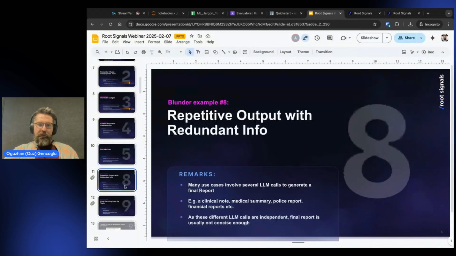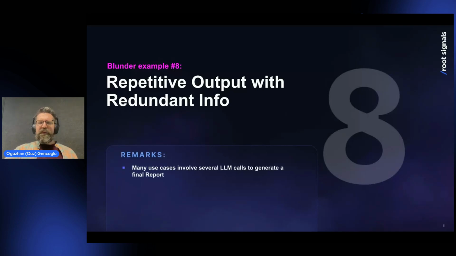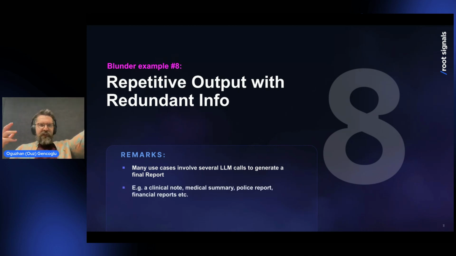Moving on, number 8: repetitive output with redundant information. This is surprisingly common too. Typically, a lot of use cases call LLMs in different places, for example, report generation. Lots of customers of ours create clinical reports, medical summaries, police reports, financial reports, and there are different data sources, and you use LLMs to extract different kinds of information.